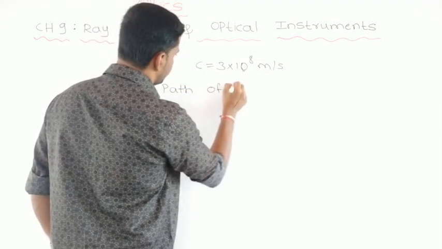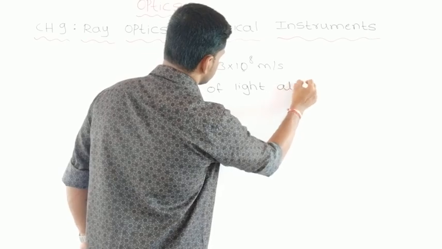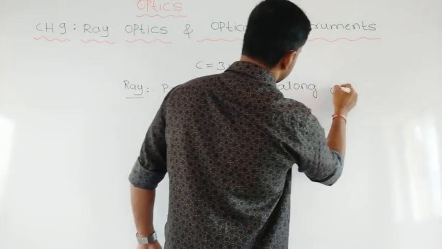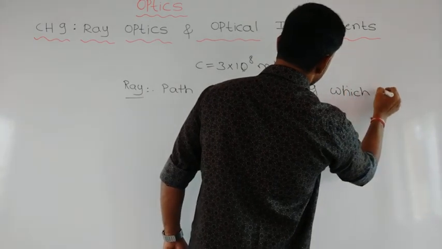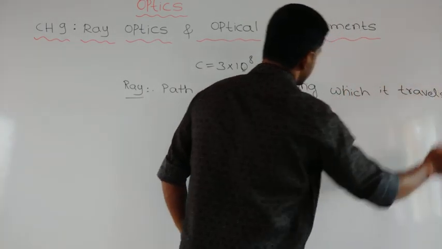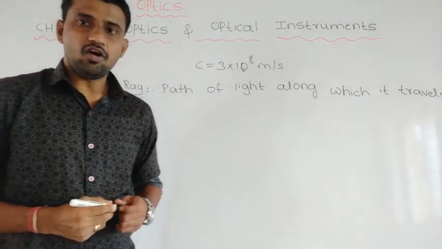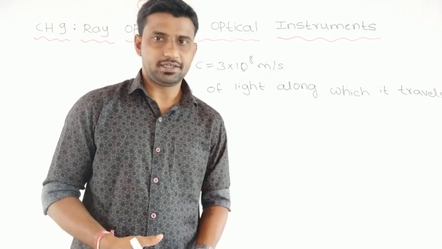It is a path of light along which it travels. Then it is called a ray of light. It is just a path of light.